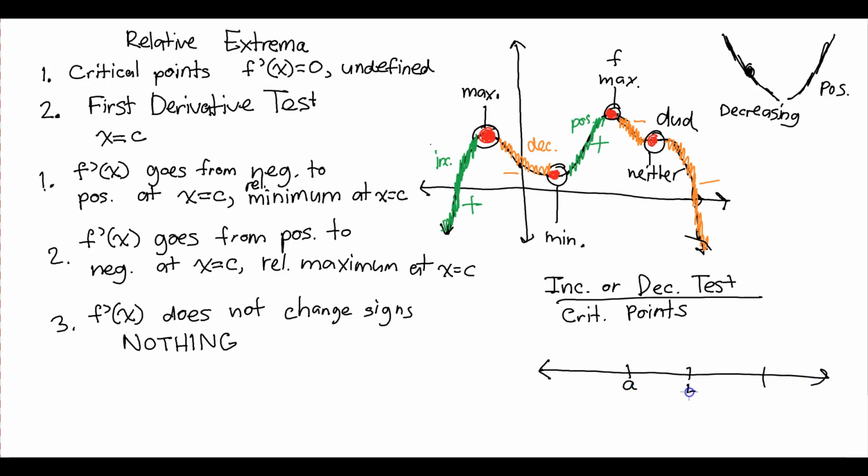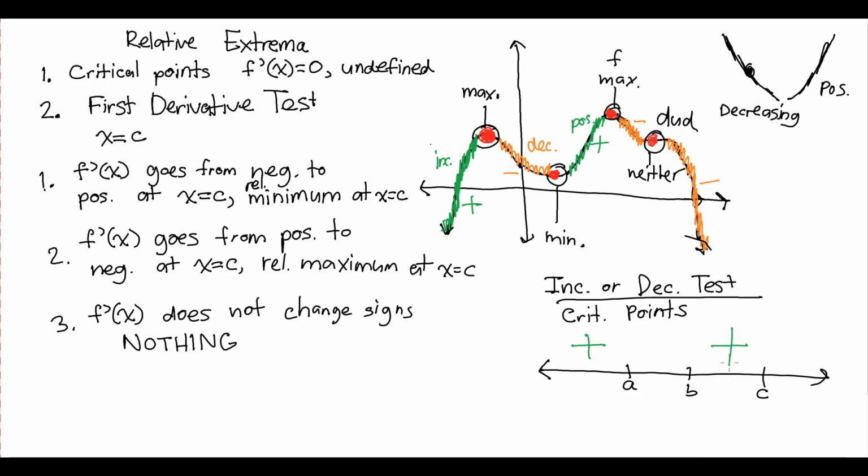Your critical point A, critical point B, critical point C, and then test some arbitrary value on these little segments, okay? And if f prime is positive at a point on that interval, you would mark it with a plus. Use green. So if f prime was positive on a point between B and C, you would mark it with a plus. It's increasing on that interval.